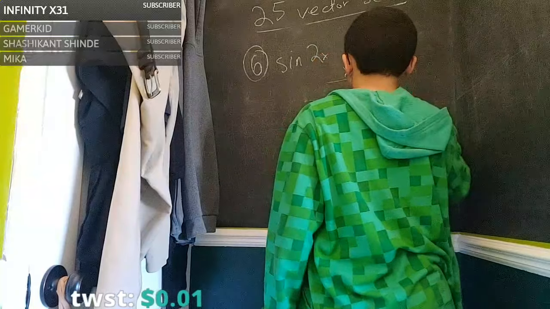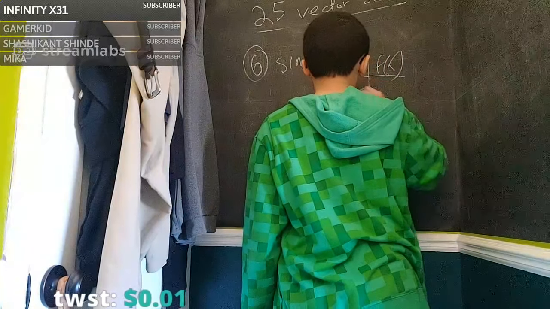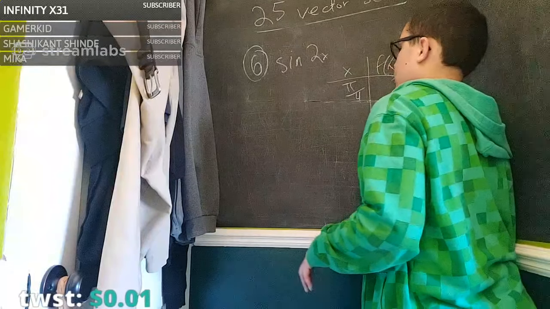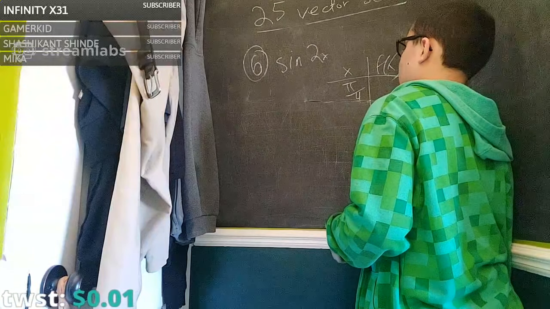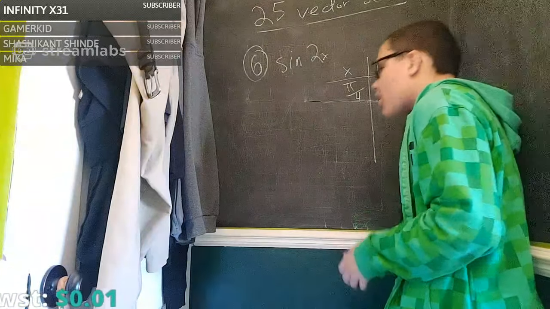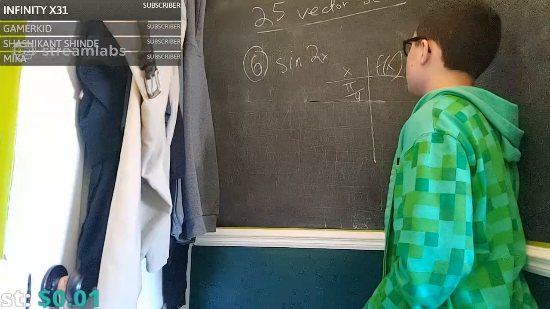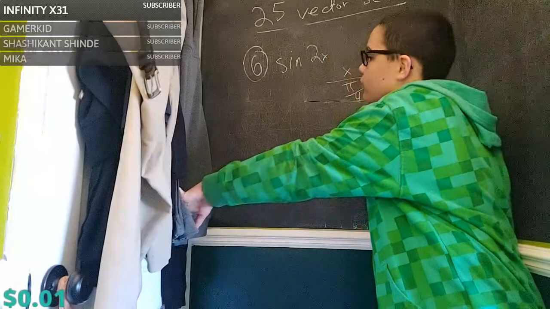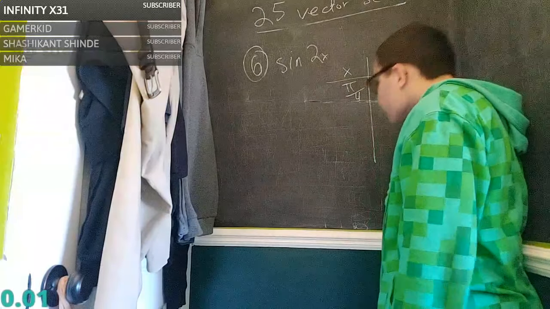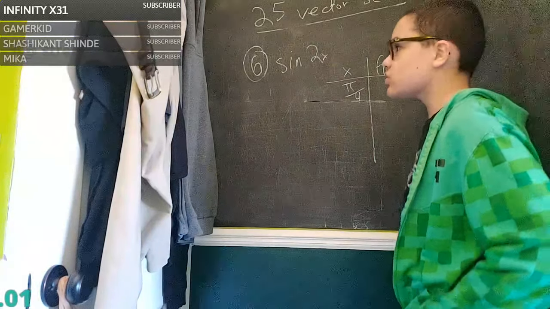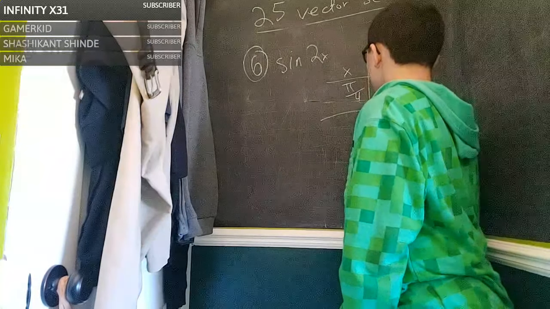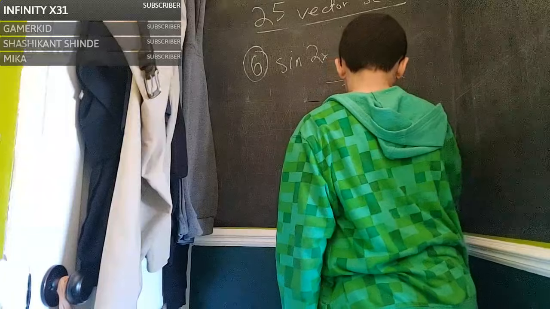Pi over 4 times 2 gives me 2 pi over 8, which is also pi over 4. Oh no, just 2 pi over 4, which gives me pi over 2. Now, sine of pi over 2, I forgot what it was. No, yeah, it's 1. Now if I do pi over 2, I get 0.